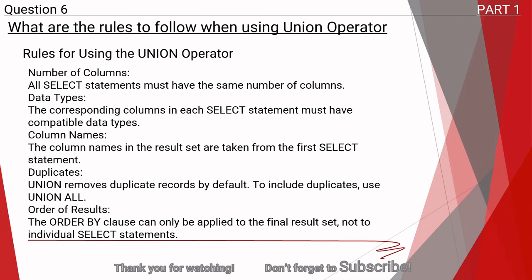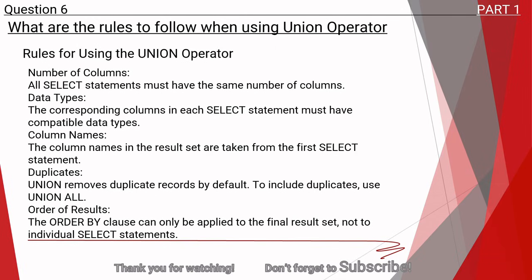Let us go over the key rules for using the union operator. First, all select statements involved must have the same number of columns. Next, the corresponding columns in each select statement must have compatible data types.